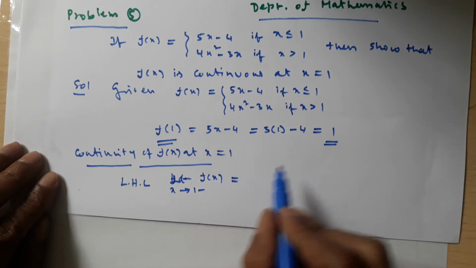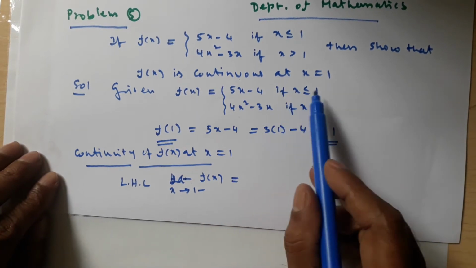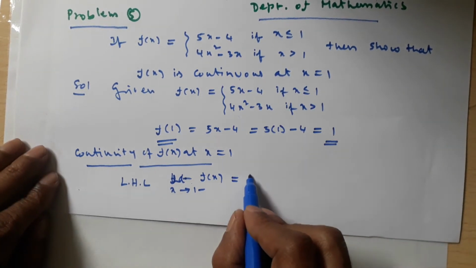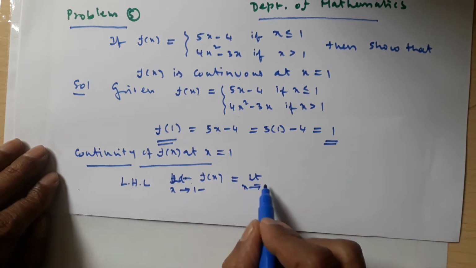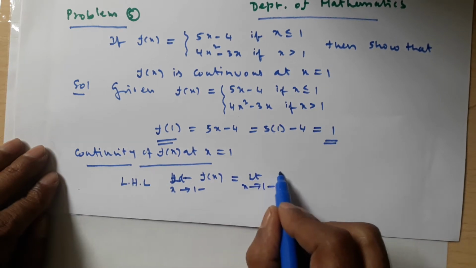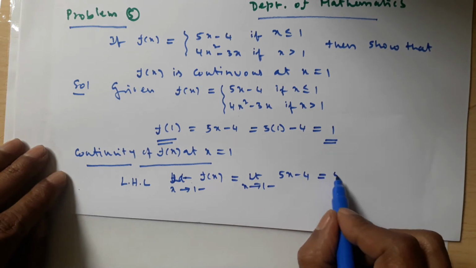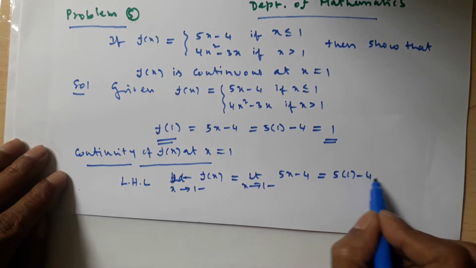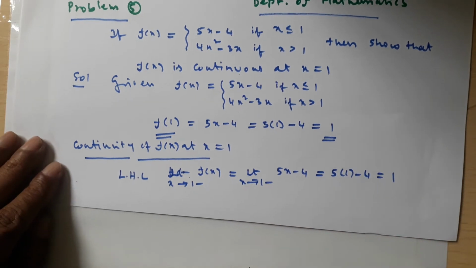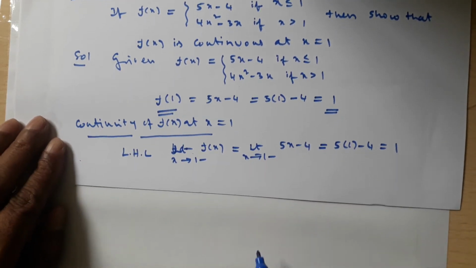For x less than 1 the function was defined as 5x minus 4. It is limit x tends to 1 minus of 5x minus 4, which is 5 into 1 minus 4, equal to 1. So this is the LHL.